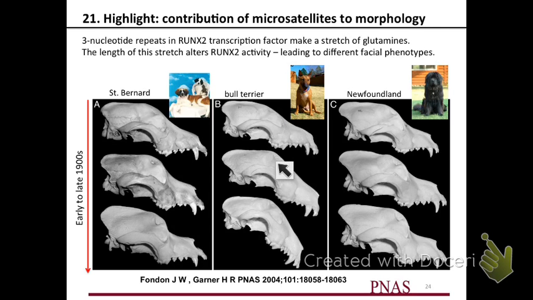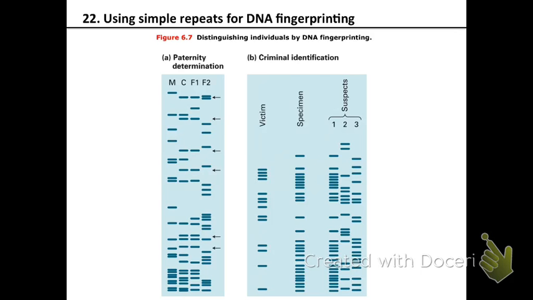And so in this case, the repeat number in the gene, they had been selecting it for longer and longer repeat numbers, right? All right. So this shows you that microsatellites and the differences in repeat numbers cause differences in phenotypes. And a use of these minisatellites in forensics is something called DNA fingerprinting.